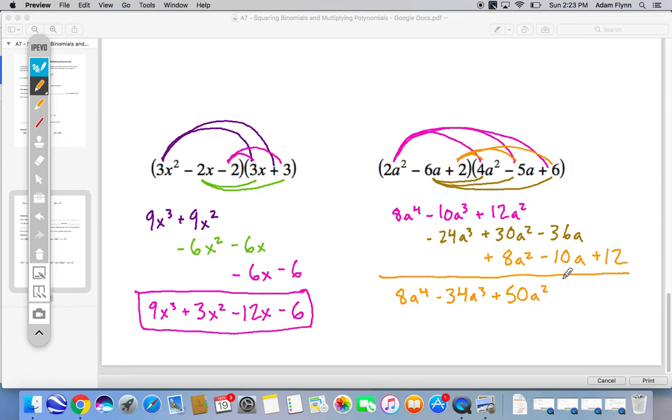Negative 36a minus 10a is negative 46a. And then of course I have my plus 12. So this would be my final answer, this quartic polynomial with 5 terms. So at this point you are ready for practice on A7 multiplying polynomials.